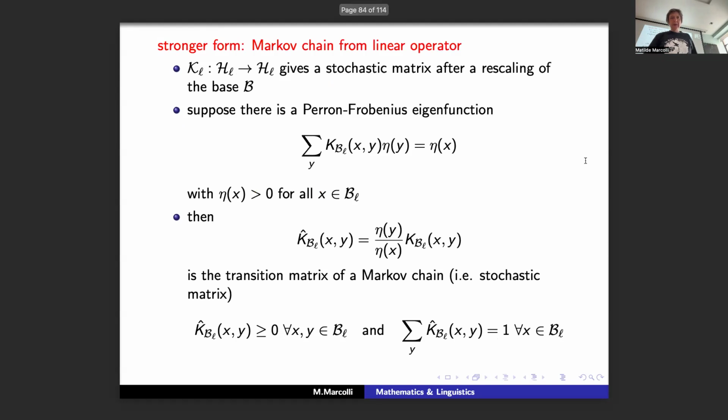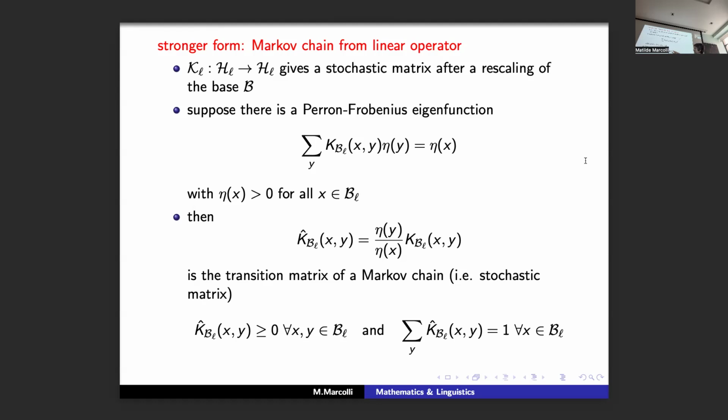And this stronger form is where again you start with the same kind of data, but now you assume that you have a Perron-Frobenius eigenfunction for this operator that is strictly positive everywhere on all of these basis elements, and then you can just rescale by this Perron-Frobenius eigenfunction, and now you have something that has transition matrices that form a Markov chain.